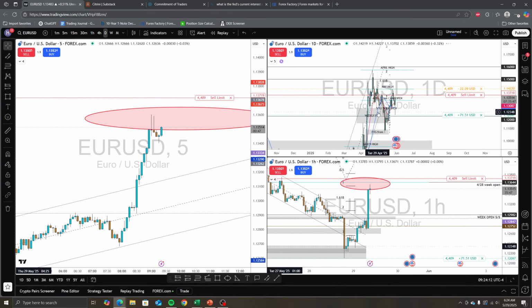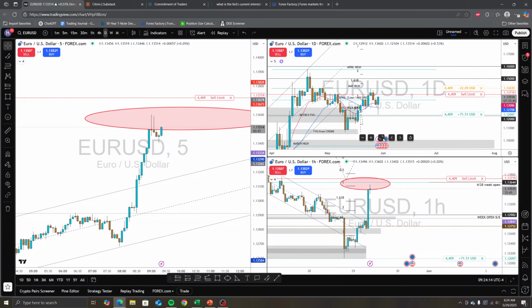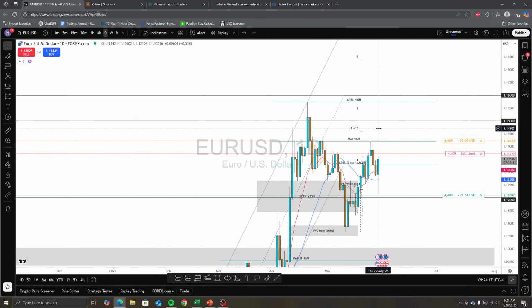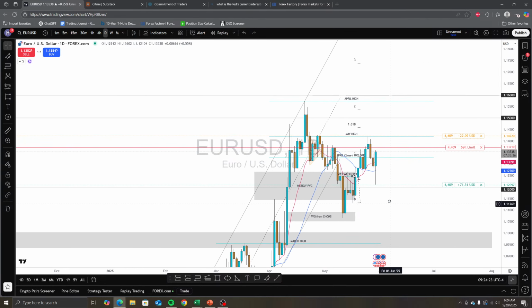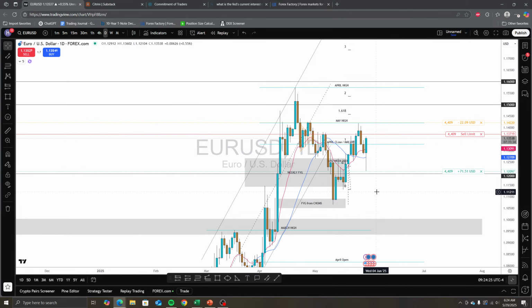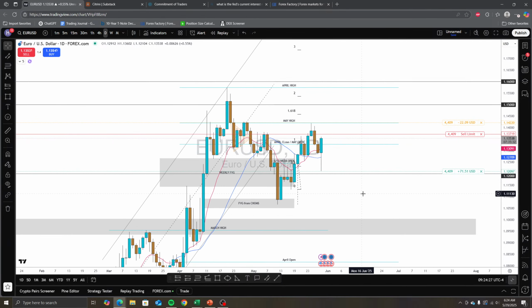Let's go to a daily. Let's make this wide. I mean, here I am trading on some kind of 15-minute time frame, but I'm looking at the daily for analysis, which I don't know if that's a smart idea. Jesus, this has been really nice, long.